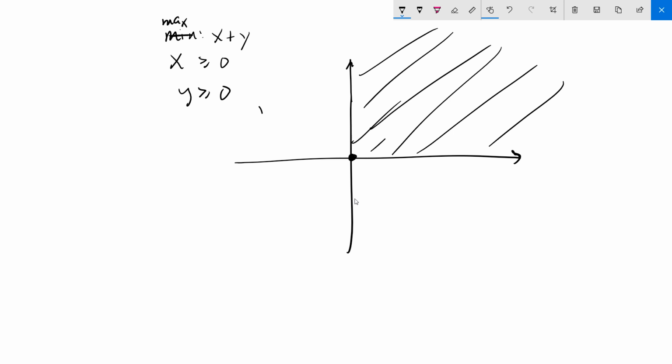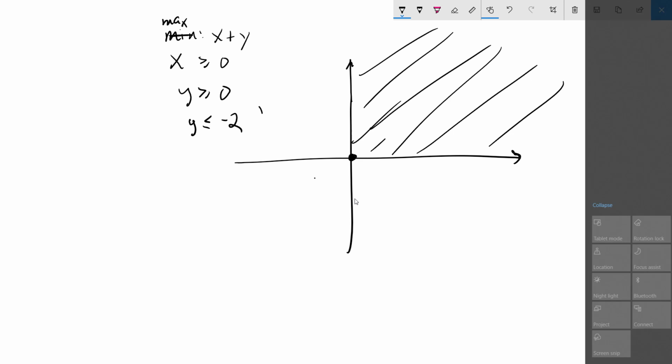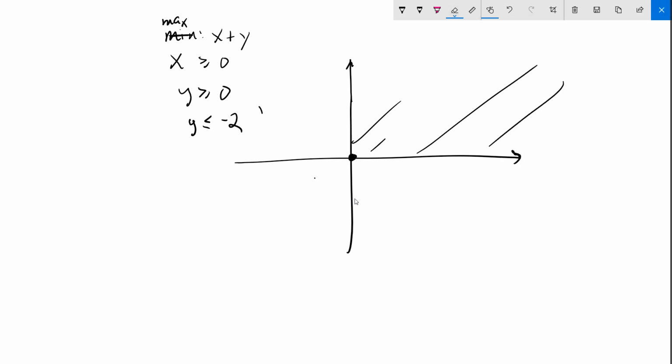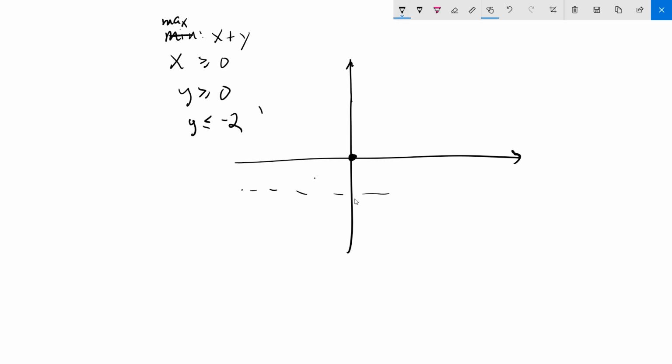Okay? Now, what if we had x greater than or equal to 0, y greater than or equal to 0, and then we added y less than or equal to -2. So the y less than or equal to -2 is going to give us a line here.